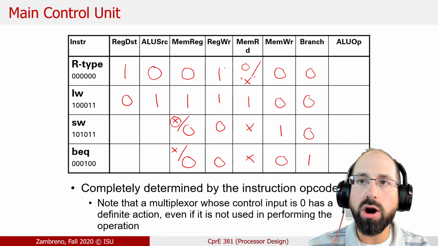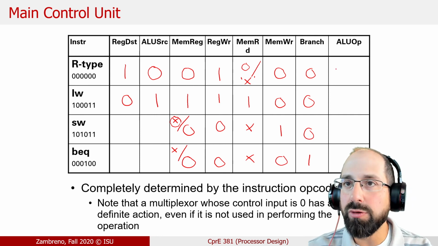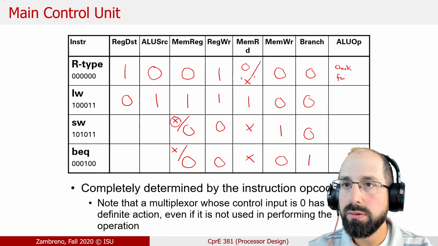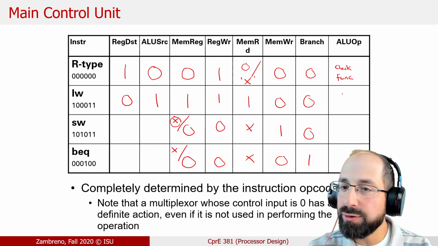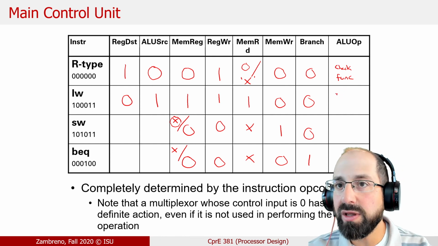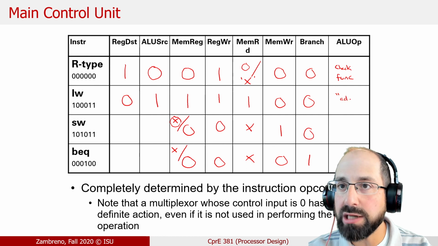And unlike for our R type, where our ALU operation would be, check the function code, for the load word, our ALU operation, however you choose to encode it, which is going to be different for almost every single project based on what I've seen, for these two it's going to be an add.